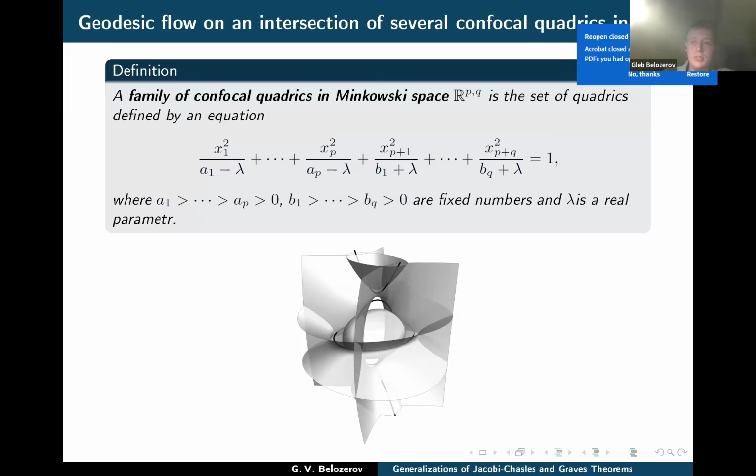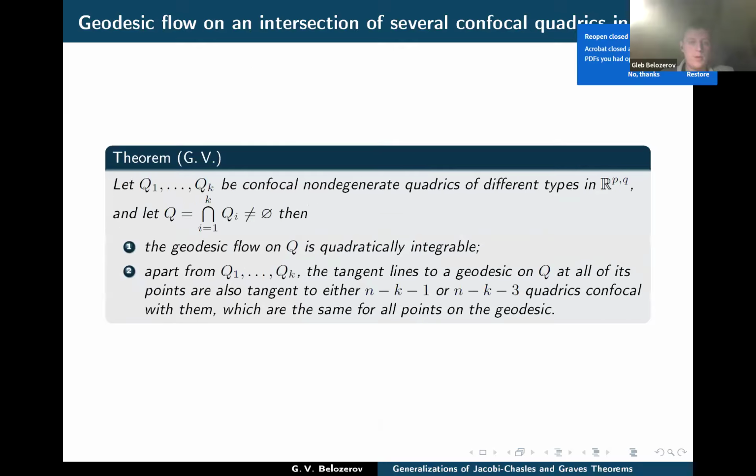But what are confocal quadrics on the sphere, the standard sphere, and in the Lobachevsky plane? I'm sorry, I forgot to formulate the generalization of the Jacobi-Chasles theorem for the Minkowski plane, but here you can see it.